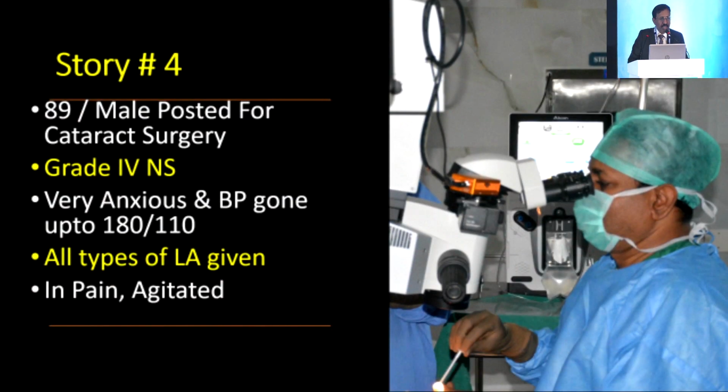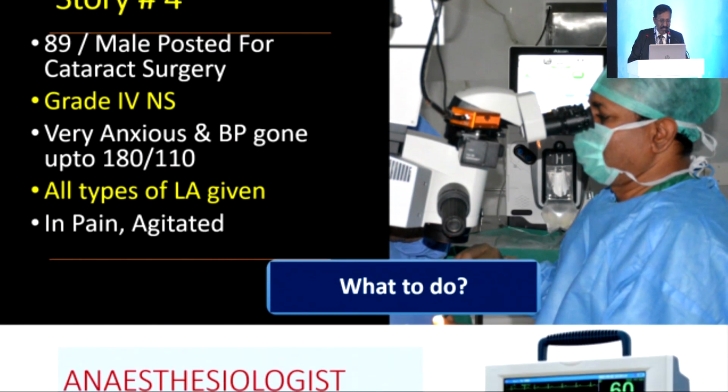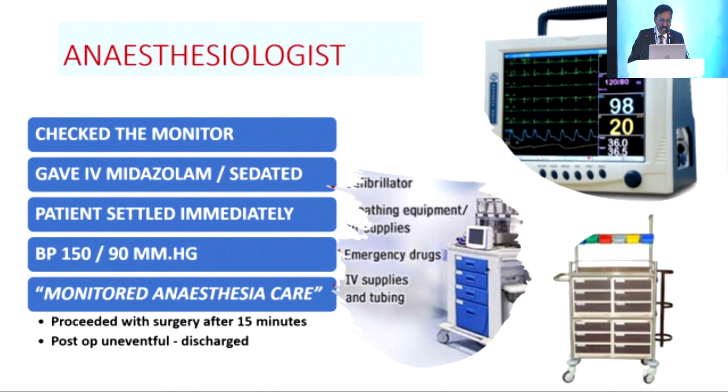The fourth story, during surgery: an 89-year-old male posted for cataract surgery. It was a dense cataract, nuclear sclerosis. Patient was very anxious. The BP had gone up to 110. All types of local anesthesia were given. Still, the patient was in pain and became agitated. So what to do? We always have an anesthesiologist with us during the surgery.